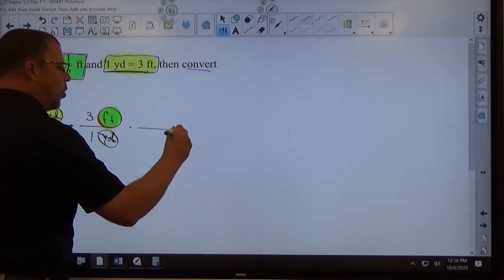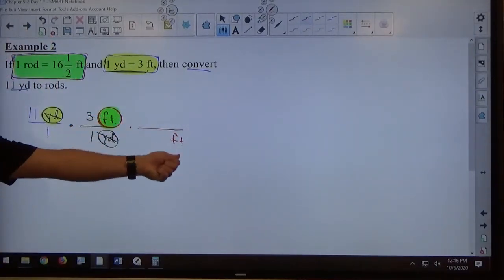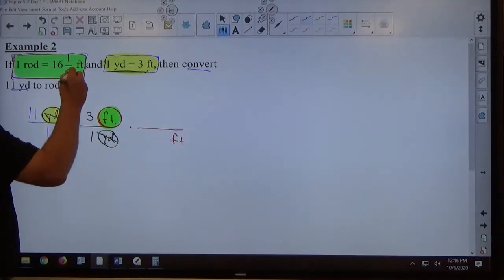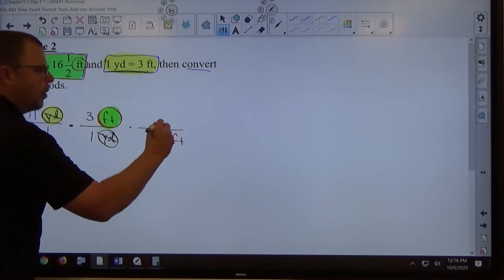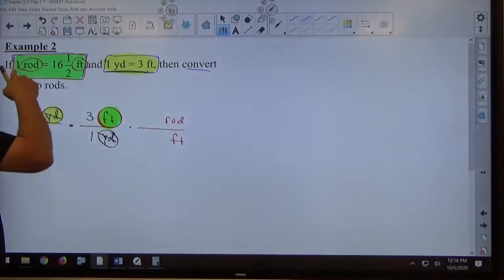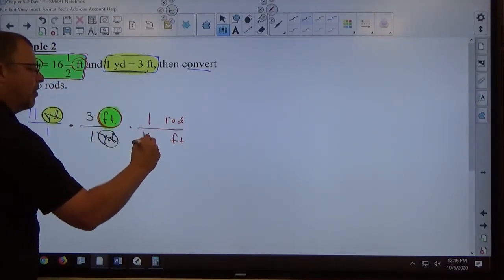I want that to go away. So I'm going to make feet go on the bottom. Top object matches bottom object. Put the unit in the right position. And then feet is matched up with rods in this equality, so I'm going to put rod on top. And 1 rod, so 1 goes on top, 16.5 feet, 16.5 goes in the bottom.